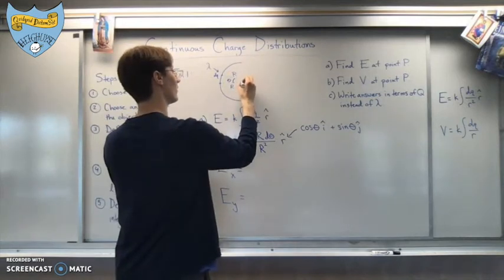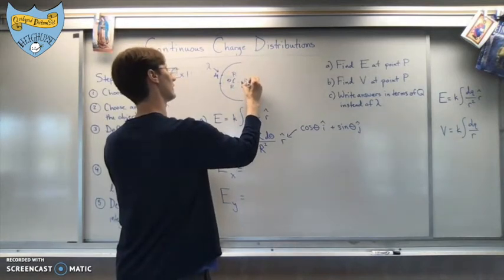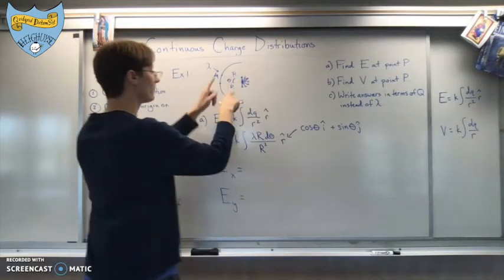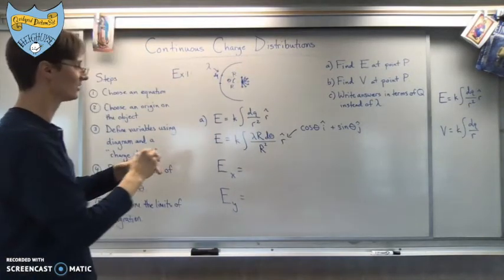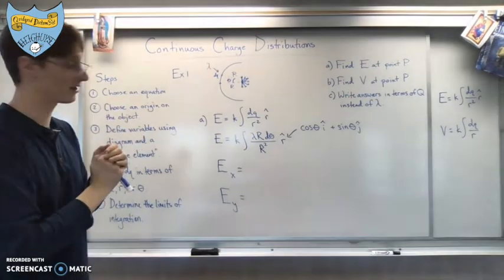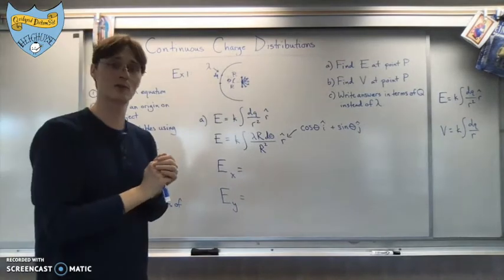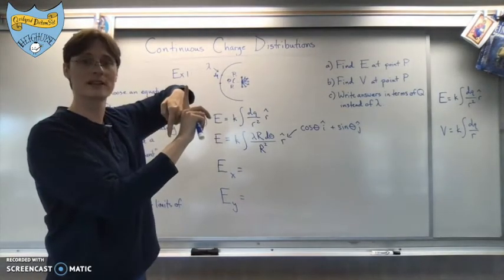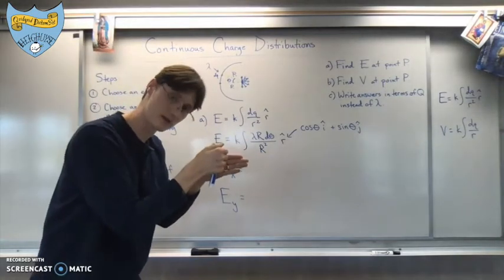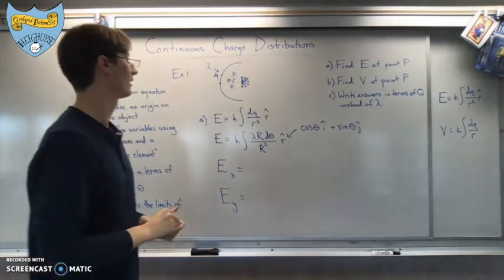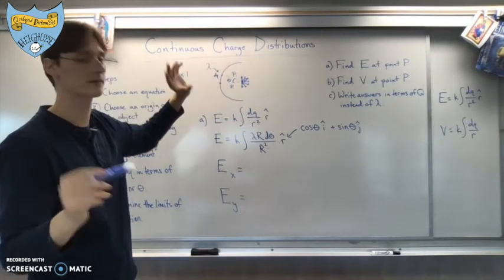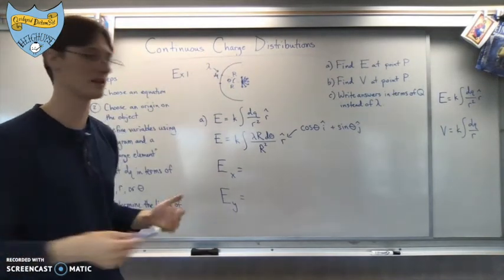But on balance, you could say, all right, let's draw a few of them. Looking at that, it looks to me like the up and down bits are going to cancel out, right? For every one that goes up, there's another one going down. But they all basically go to the right. That's assuming, of course, that this is a positively charged curve, which I implied that it was at some point.